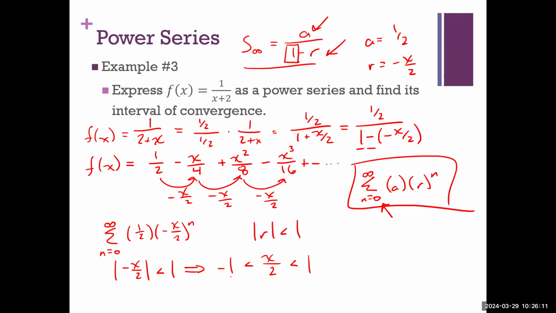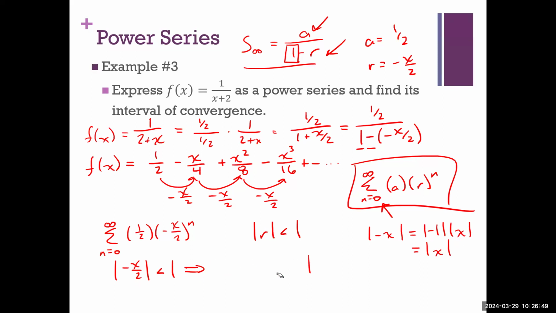Actually, I guess that's not quite true. But this is: the absolute value of negative x is equal to the absolute value of -1 times the absolute value of x, which means the absolute value of negative x is the same as the absolute value of x.